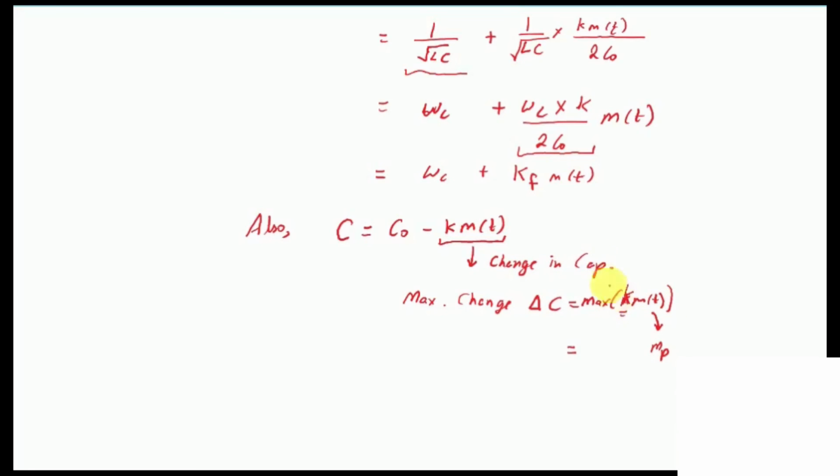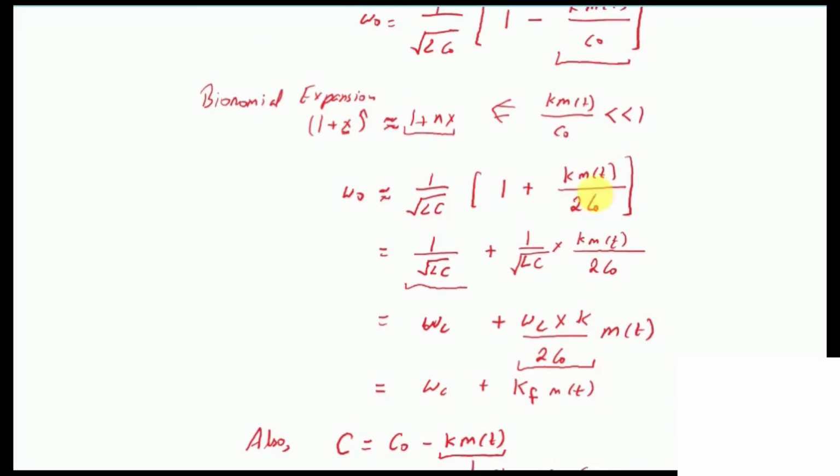So we can express K in terms of Kf as follows: K is equal to 2 times C naught Kf over omega C. So this is our maximum change in capacitance.